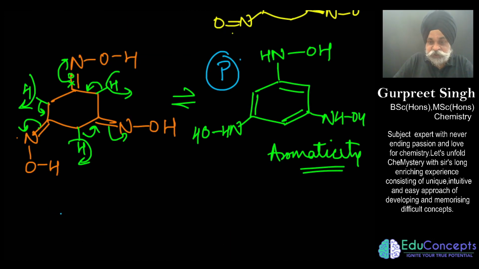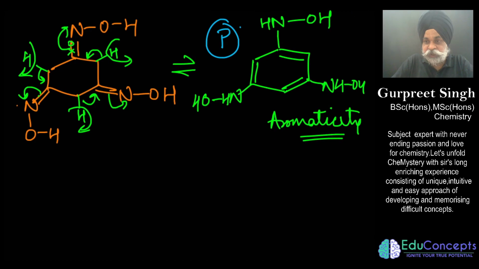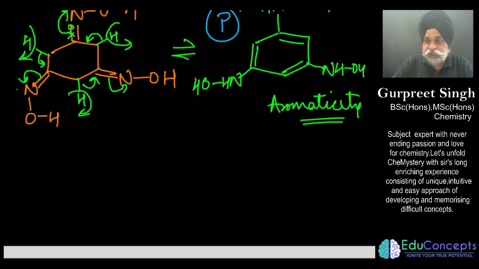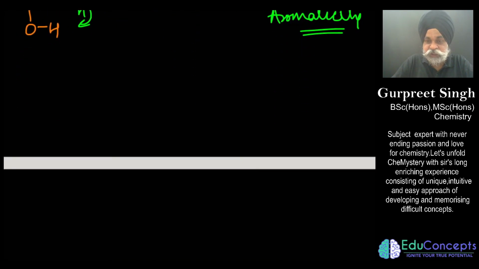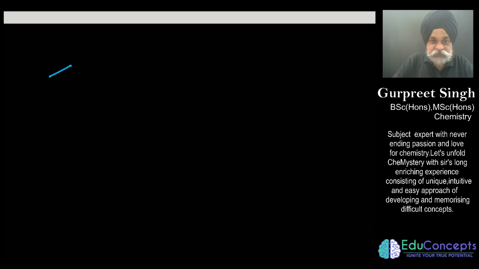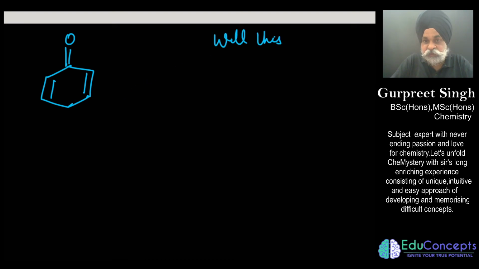Now another thing you should focus on in this topic of aromaticity: students generally start feeling that it is only the alpha hydrogen. No. Now if you have this sort of species available, somebody would ask you, will this compound tautomerize?